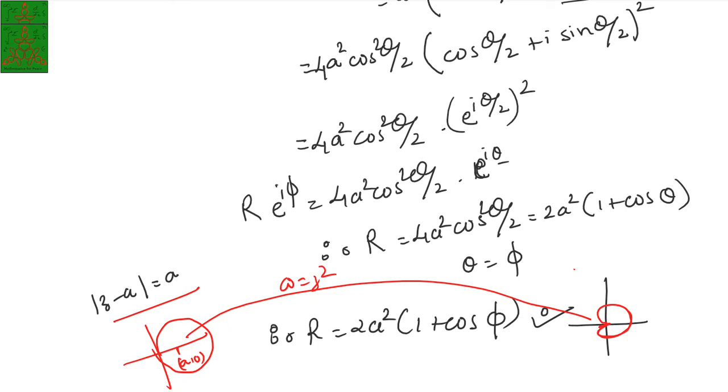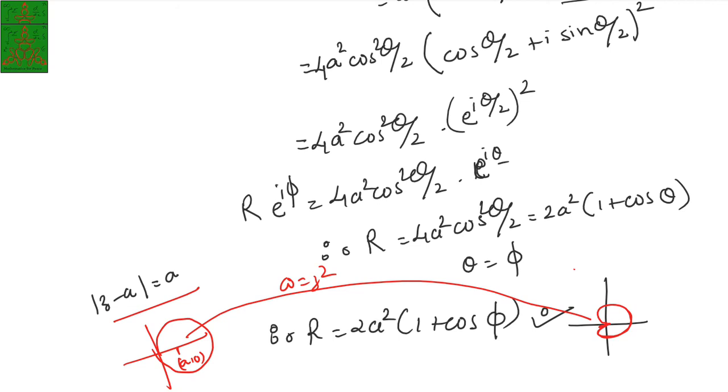In this video, we have learned about the function z square, how the function z square behaves. We have seen that if you have a line, the image of the line under this transformation gives you a parabola, and the image of a circle with center a comma 0 and radius a gives you a cardioid.